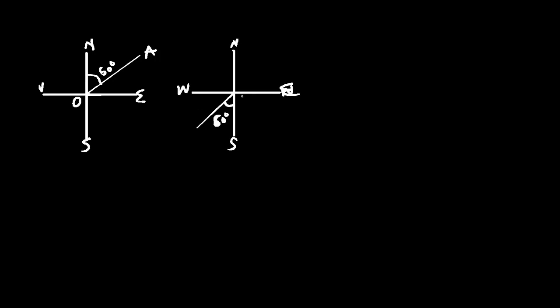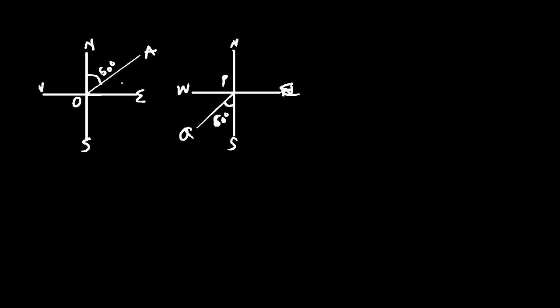Now, if you look at this angle that I have here, it is NOA. If you look at this angle that I have here, it is S. So let me call this one Q and call this point P. So if you look at SPQ, that's this, isn't it?